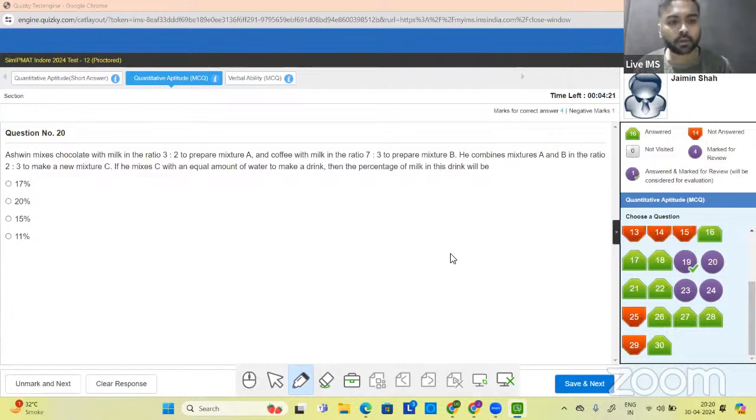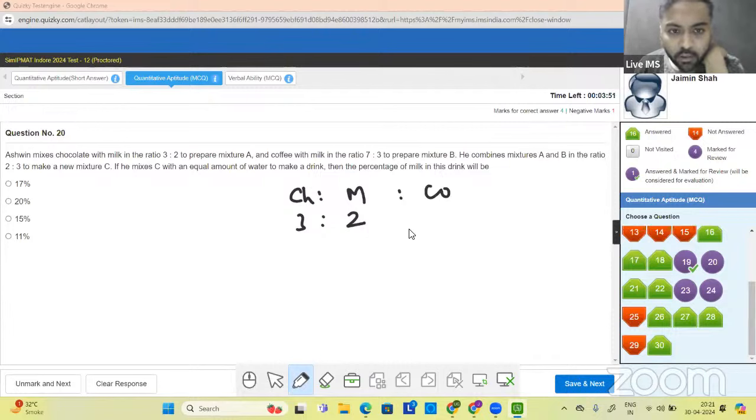Ashwin mixes chocolate with milk in the ratio 3:2. Coffee and milk in the ratio 7:3.